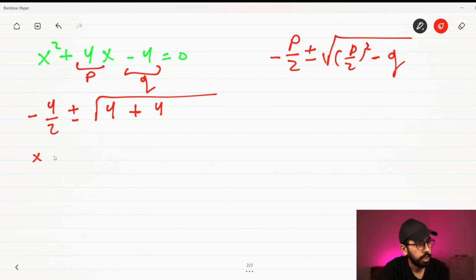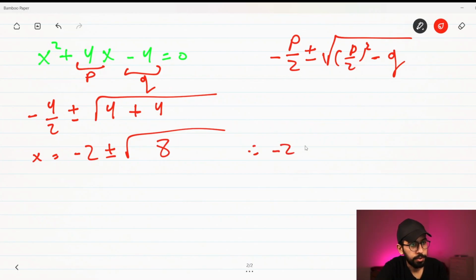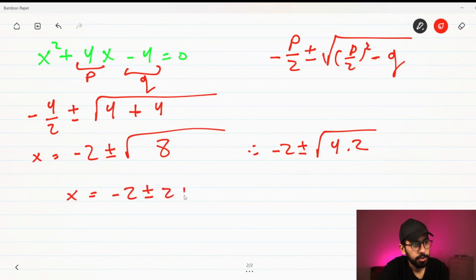Then we have the result here: x equals minus 4 over 2, which is minus 2, positive or negative the root of 4 plus 4, which is 8. We can write it like that: minus 2, positive or negative, the root of 4 multiplied by 2, and then we take the root of 4, so the result will be x equals minus 2, positive or negative 2 times the root of 2.